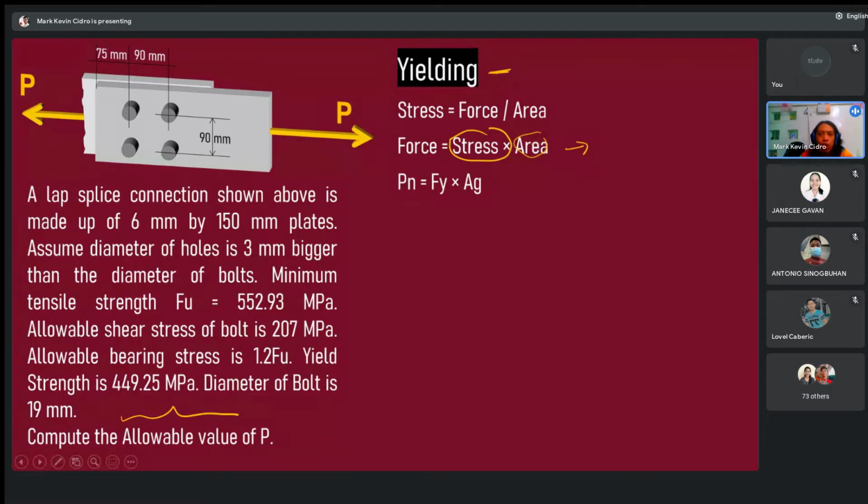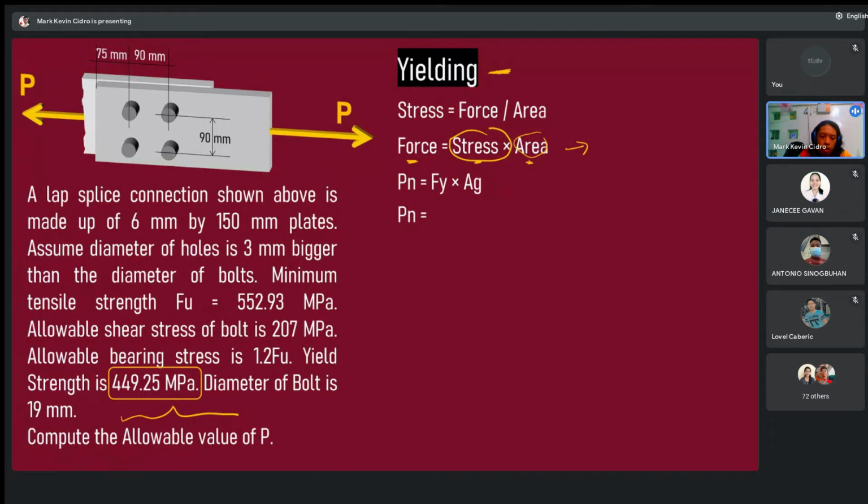Take note, if we are using the yield strength of the material, meaning Fy, then it is the gross area, perpendicular to the force P. Your force and your area here are perpendicular to each other. Okay, so this is your formula.